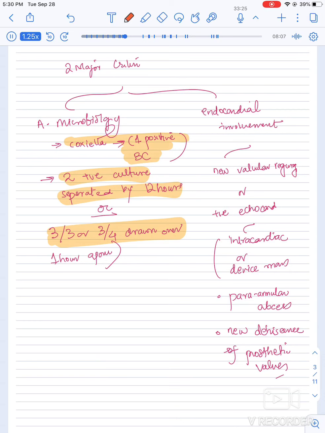How about the minor criteria? So remember we talked about 5 minor criteria. So this is what we're going to talk about here. Now these can include fever greater than 100.4.